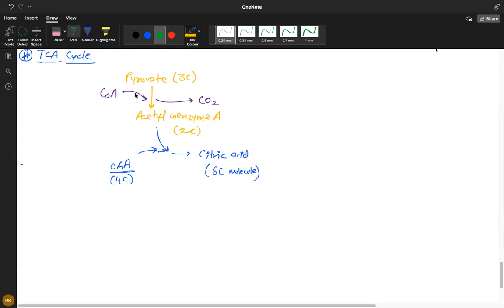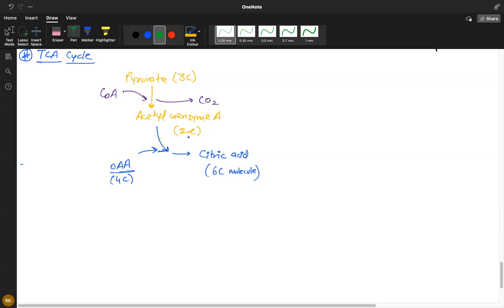Any acid, so pyruvic acid is called pyruvate. Oxaloacetic acid can be called oxaloacetate. So I can also call citric acid, inside the cell, citrate. Okay, can I call it citrate?